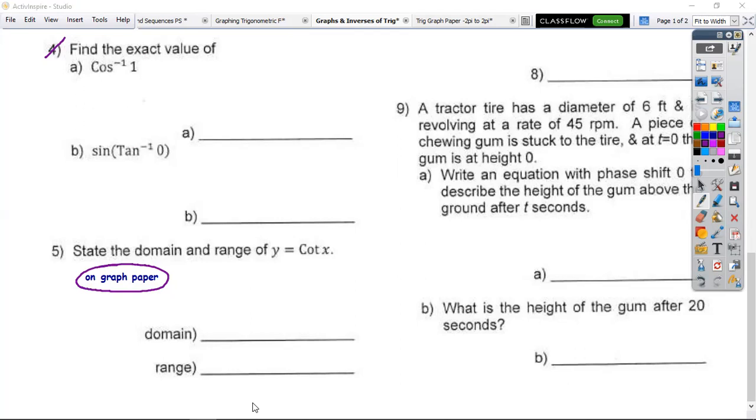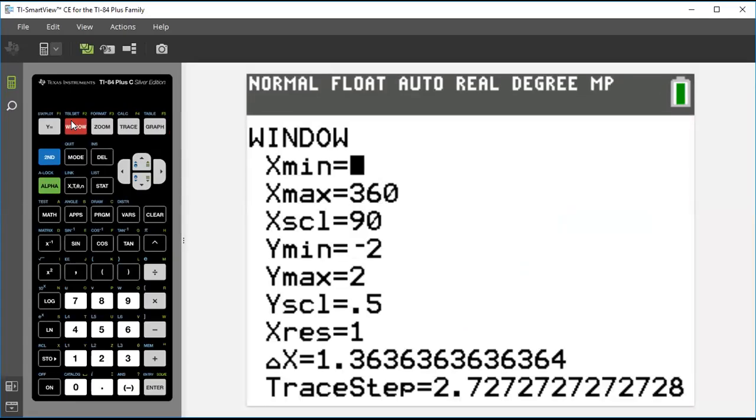So I'm immediately going to go back to my window. And I'm going to change this to -360 as it was. Okay. So -360 to 360. And then we're going to do cotangent.